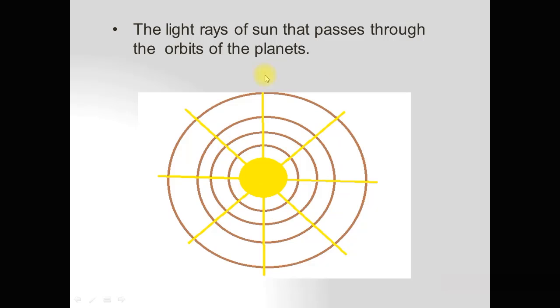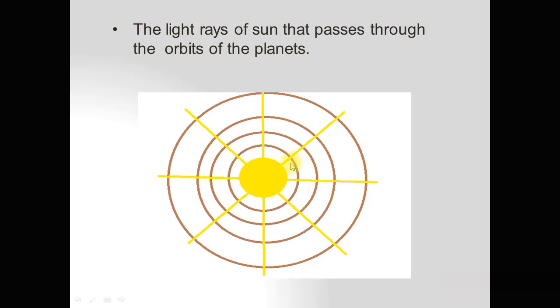Suppose these are the curves. This is the family of curves, and this yellow curve represents the family of sunlight rays. In other words, this family of light rays of the sun intersects the orbits of planets at a 90 degree angle.